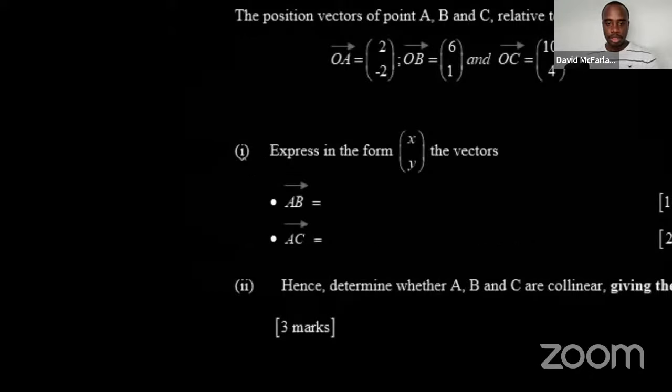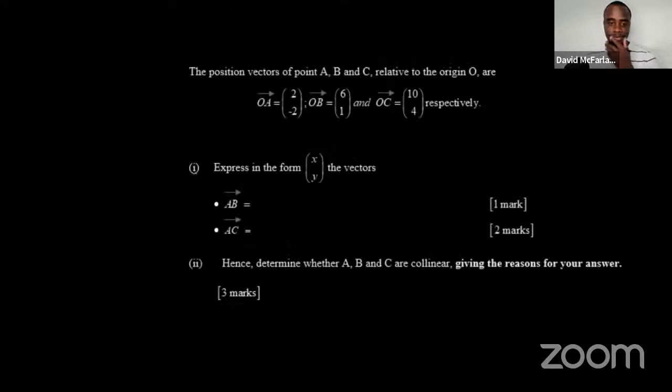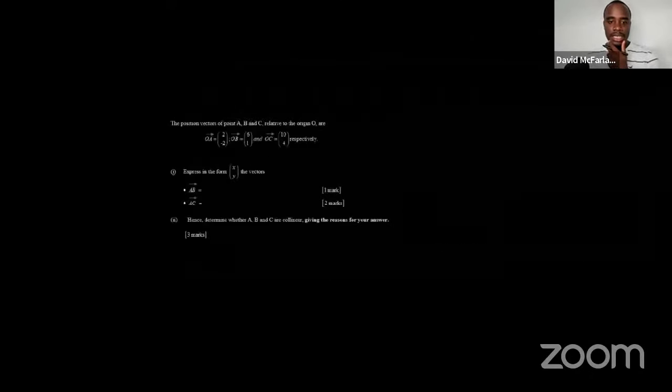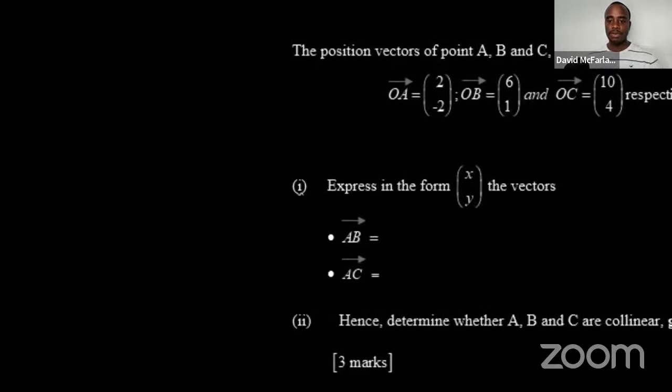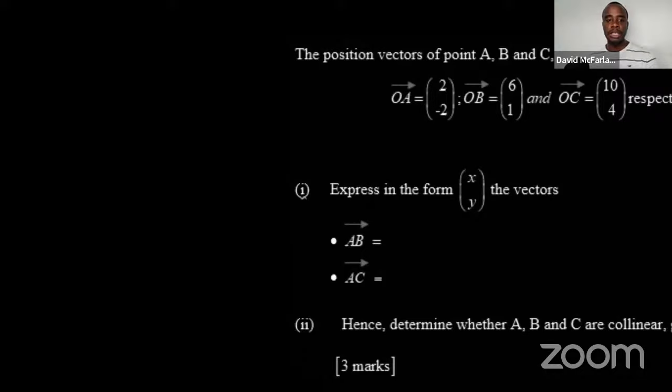No, we don't have a diagram here, but let me zoom back in. Let's visualize it. What is it saying here? AB, what does that mean? Well, if we think about vectors, remember vectors deal with movement.